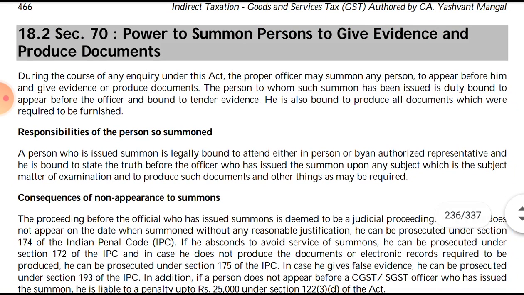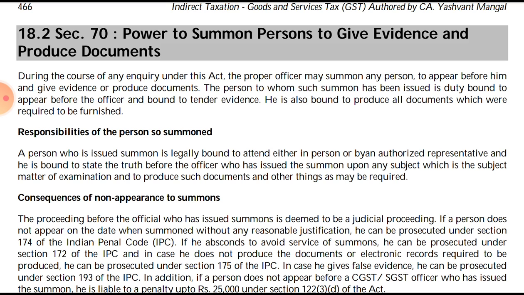During the course of the inquiry under this Act, the proper officer may summon any person to appear before him and give evidence or produce documents. The person to whom such summons has been issued is duty bound. In the course of any proceedings or inquiry under this Act, the proper officer may issue a summons to a person.